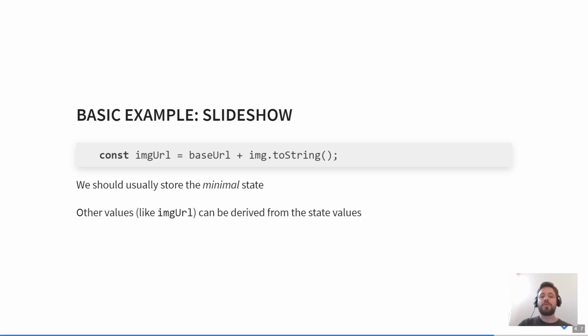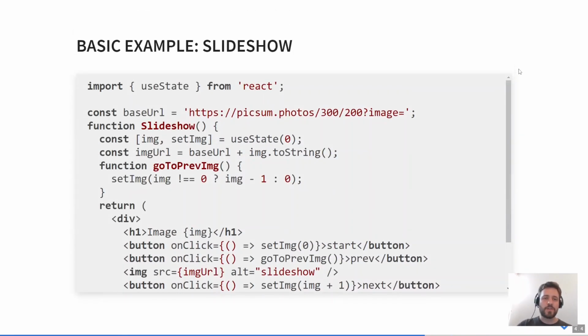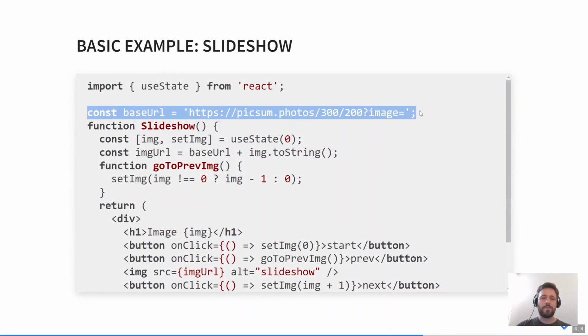But other values, for example, the URL that will be used for the image, can be derived from state values. So if I know the image ID, I can create a URL based on that and based on a base URL. And that base URL I'm just going to take from this example code here.